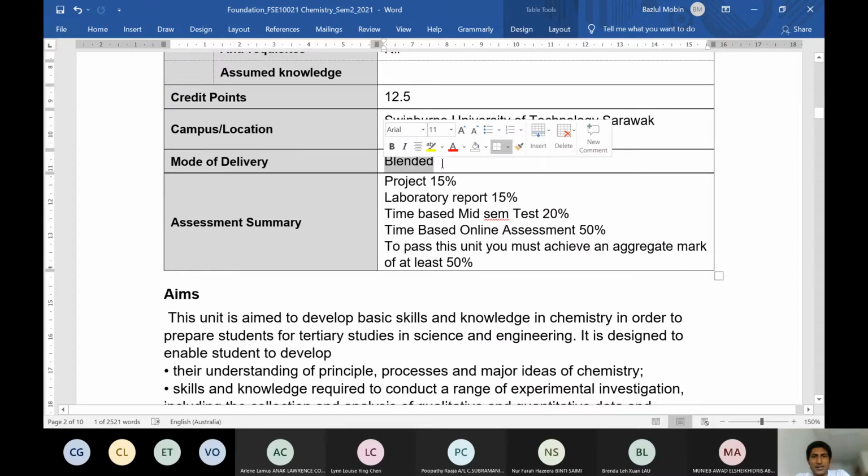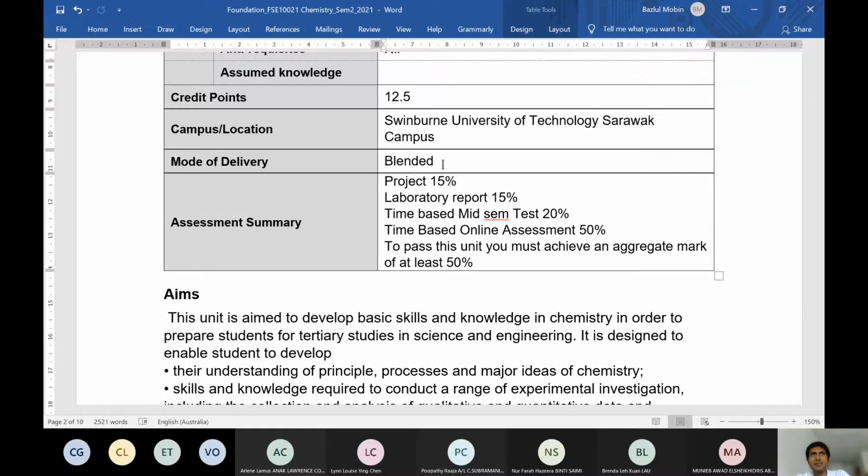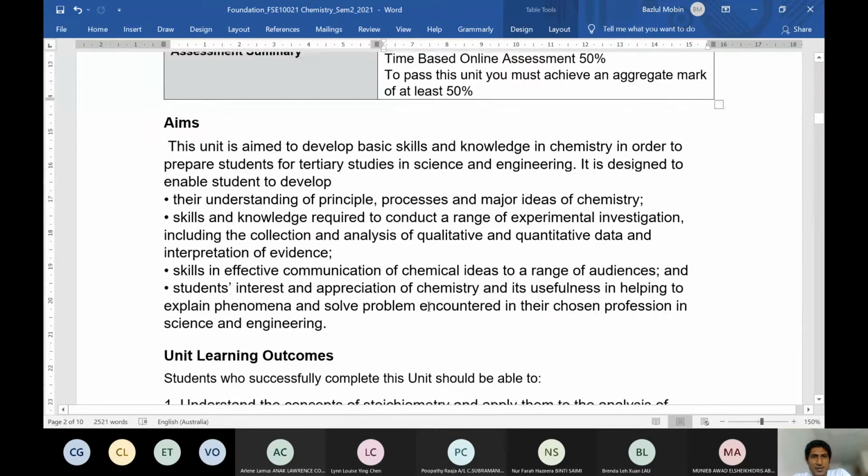We put it in blended mode because we are expecting that after the mid-sem or assessment break, after week 7, we can come back to campus. Please pray hard that it happens. I'll go into detail on the assessment later, not now.